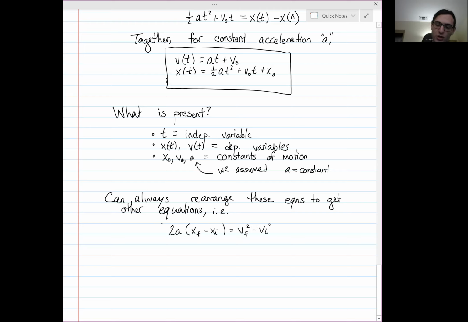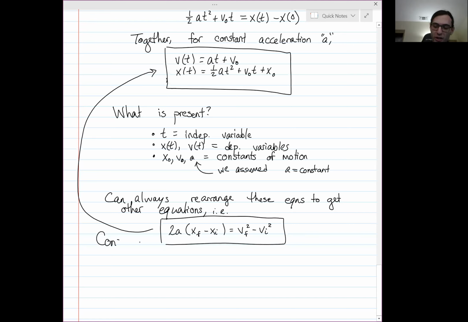This is just a true equation. It's a consequence of those two. So if you plugged in that xf is x of tf, and xi is x of ti, and vf is v of tf, and vi is v of ti, you would find that after doing some substitution for what x and v are, this equation is true.